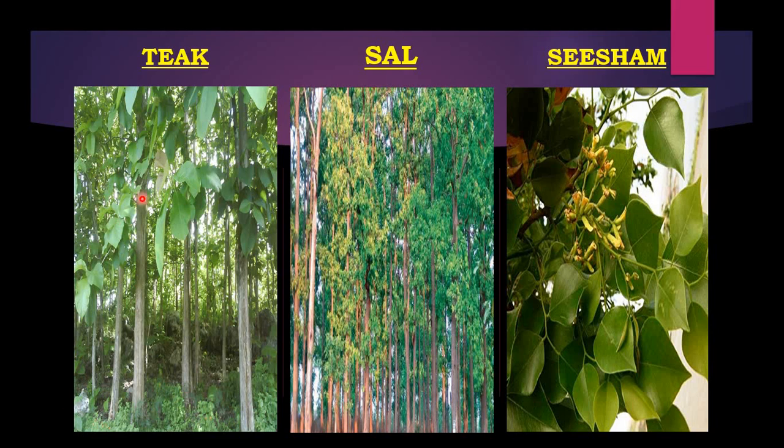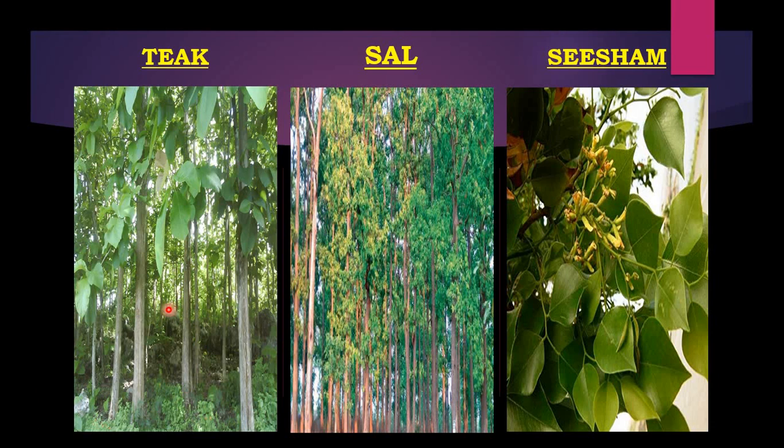So you see the teak here, if you remember, you have seen it in front of the school. It has white flowers like mango-type flowers. The leaves are very broad and long. You have seen these trees usually when we travel, on the roadside. These are very straight, long and tall.